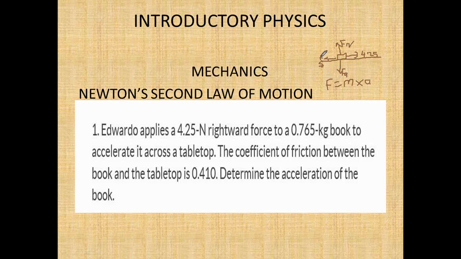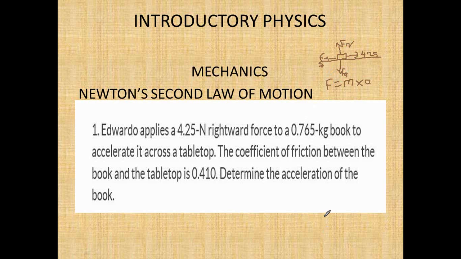In order to get the frictional force, we know frictional force is equal to the coefficient of friction times the normal force. So we need to find the normal force. The normal force is equal to the force due to gravity. The force due to gravity is equal to the mass times the acceleration of gravity.